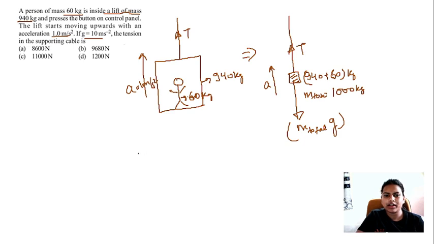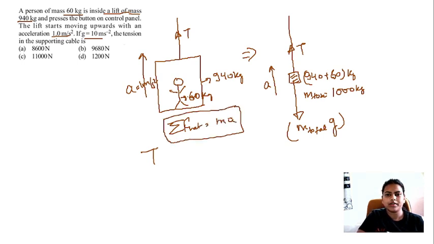So now can I write the equation from the FBD? Because the system is going in the upward direction, the net force is equal to mass into acceleration. The net force is the tension in the upward direction. So tension minus m total into g is equal to m total into acceleration.